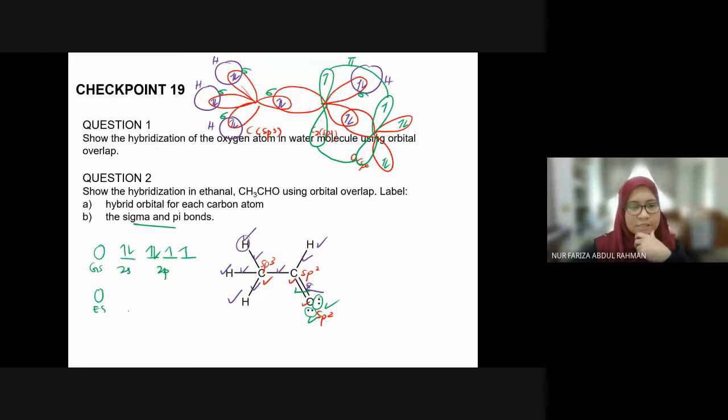So it should be SP2, it wants SP2. Do we need to promote an electron? No, there is no need, because it cannot be promoted. It has no 2D, there is no 2D. So basically it is the same. We draw it exactly the same, 2S and 2P.